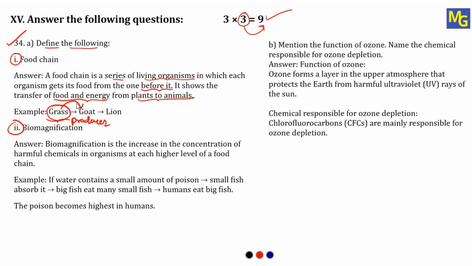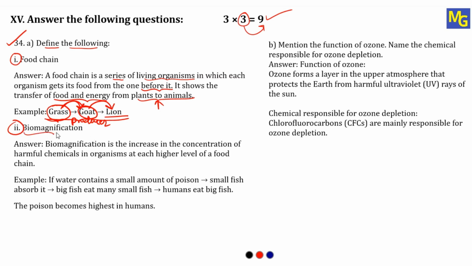Once the goat eats this grass, food and energy from the grass transfer to the goat. Now when this goat is eaten by the next animal, the food energy from this goat will be transferred to the next animal, that is a lion, and this is called a series in which there are many organisms. You can see here mainly the first organism is a plant. So always food energy will be transferred from plants to animals. That's why this sentence is given here. So this is the answer for the first, that is food chain.